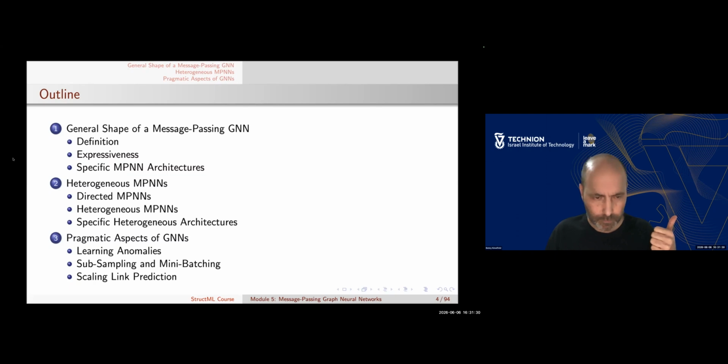We'll talk about incorporating directions of edges, labels, and so on. We'll look at some specific heterogeneous architectures. And then we're going to look at some pragmatic aspects, specifically these learning anomalies that you have on graphs, mini batching, and then link prediction.